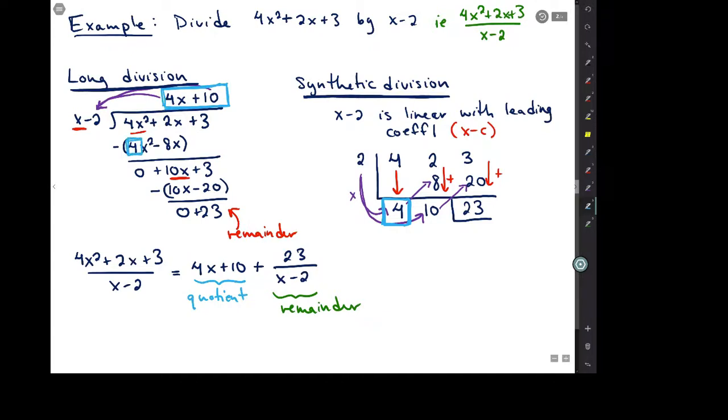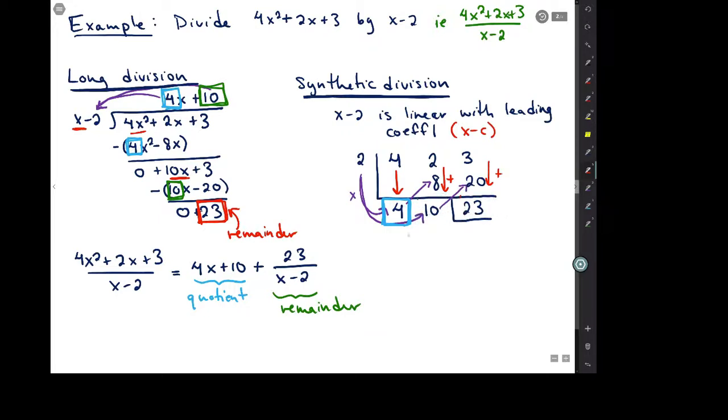And then I have a 10 right here, and that is the same as the 10 that's right here. Also, the 4 is up here, and the 10 is up here as well. So the same numbers. And then lastly, we have this 23, and there's our 23. So the numbers in synthetic division are the numbers that we care about in the long division.